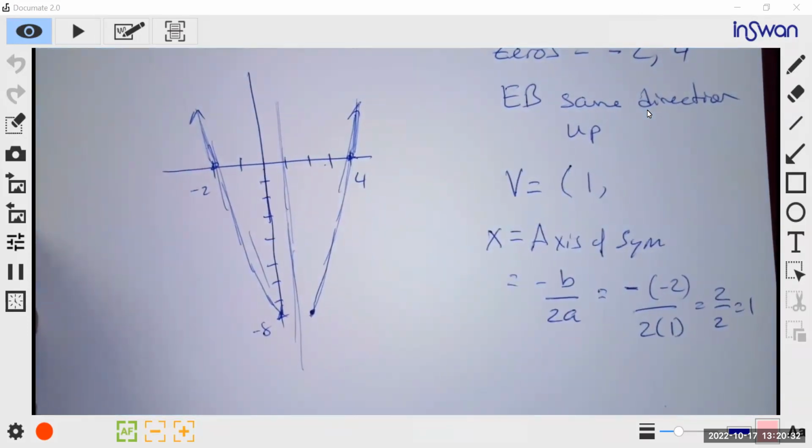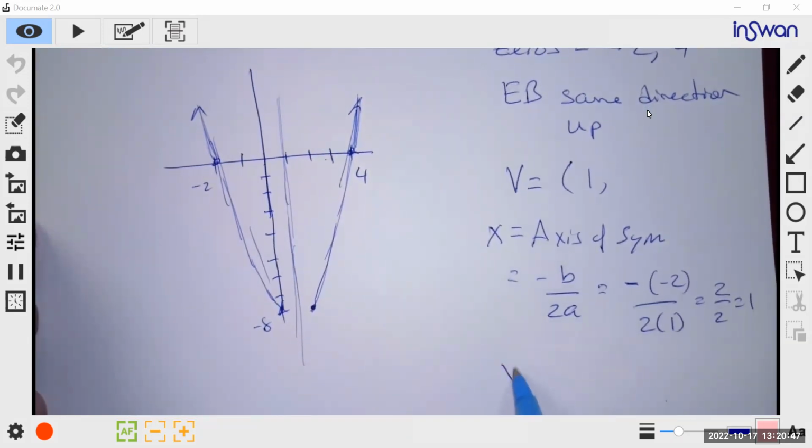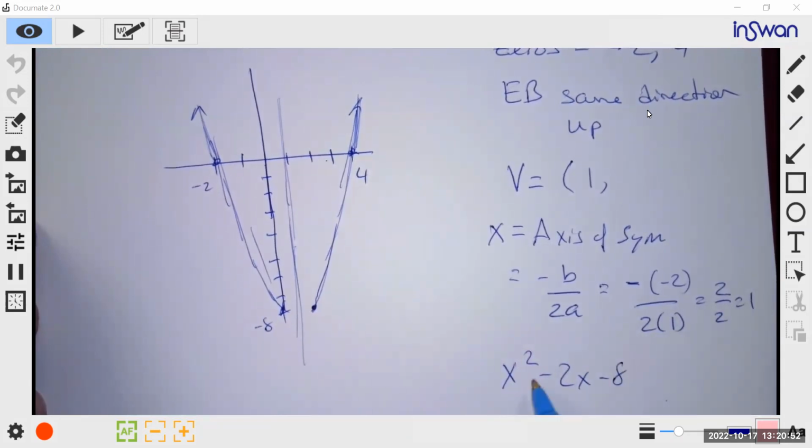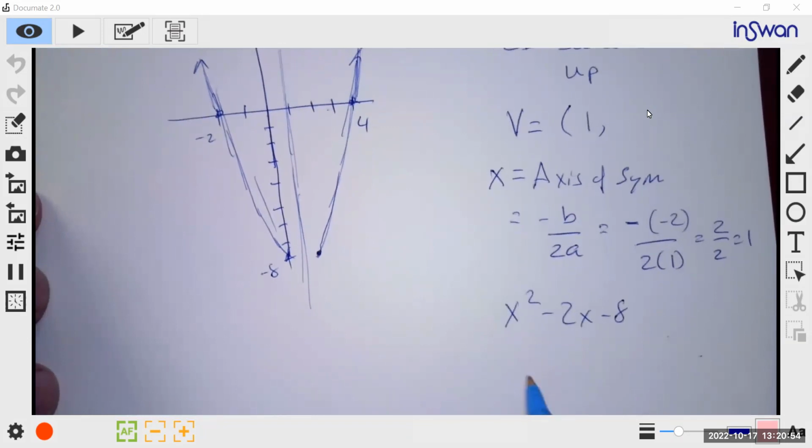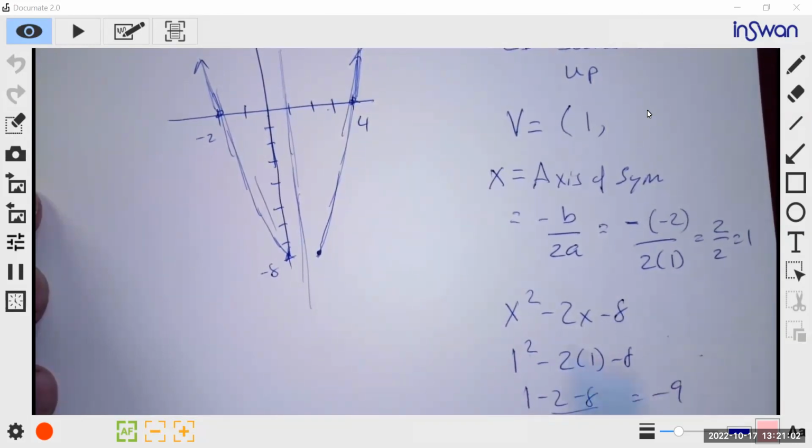On that line, how far down? Plug this back in the equation, what do you get? We have x² minus 2x minus 8. If you put 1 inside there, what do you get? 1², minus 2 times 1, minus 8. 1 minus 2 minus 8, -10 plus 1 is -9.